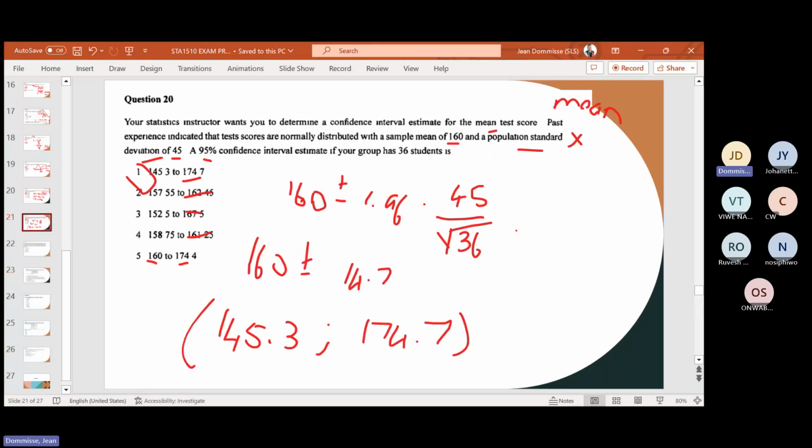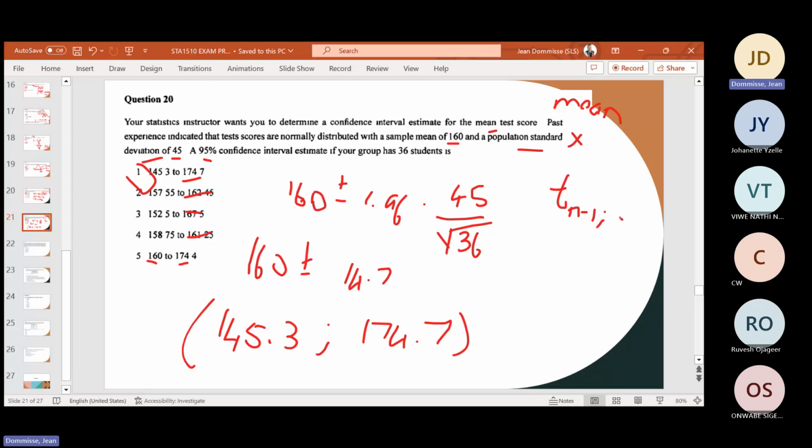Okay, so let me quickly show you. So if we needed to do this, the t value would have been n minus 1, 95%. So we will work with alpha. The alpha divided by 2, so we will have a t of 35 and alpha divided by 2, so it is 0.05 divided by 2 is 0.025.